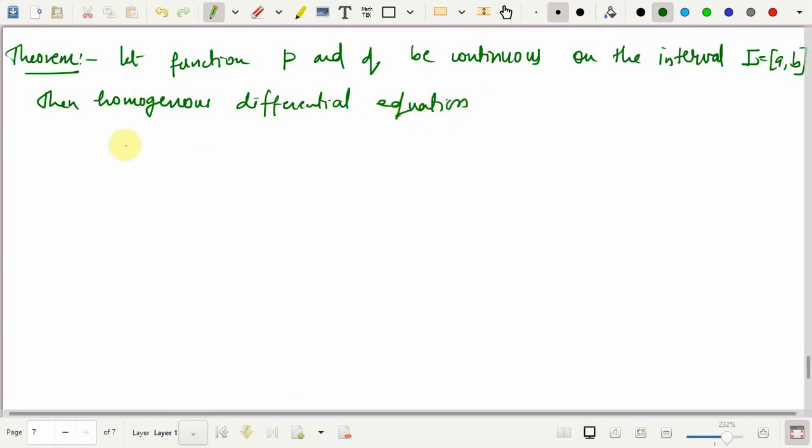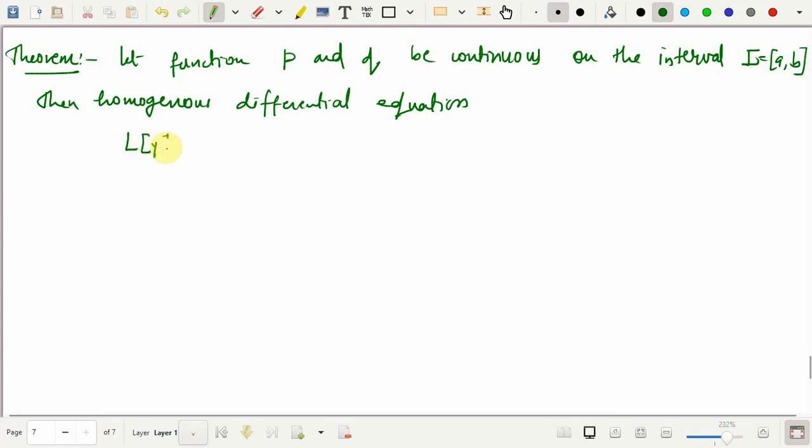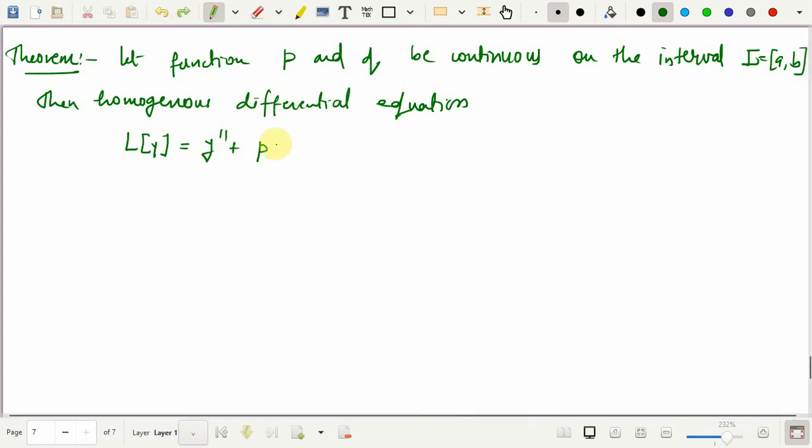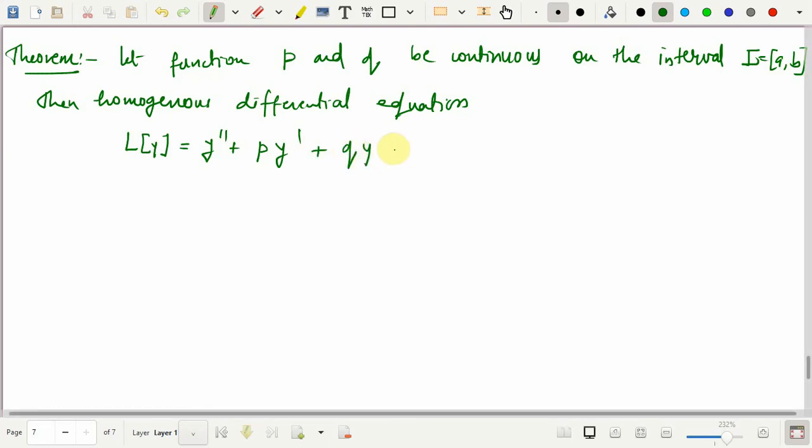Equation L of y, as usual I want to write this in terms of operator: y double prime plus p into y prime plus q into y is equal to 0. Homogeneous means this, I'll call this 1.